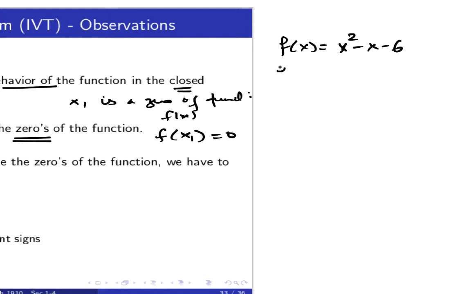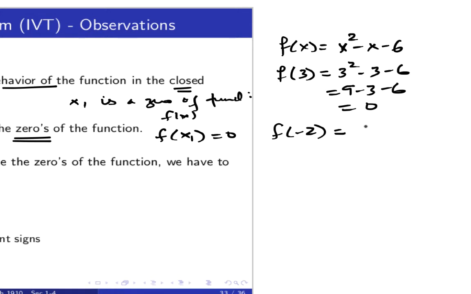Now clearly, if I plug in 3, what happens? 3 squared minus 3 minus 6: 9 minus 3 minus 6 is 0. Now if you plug in f of minus 2, what do you notice? Minus 2 the whole squared, minus of minus 2, minus 6. You have 4 plus 2 minus 6, again 0. So basically, the zeros of the function are x equals 3 and x equals minus 2.